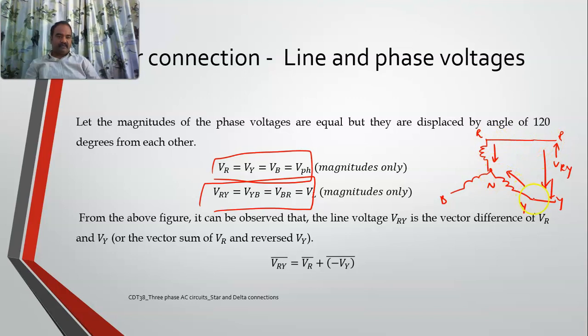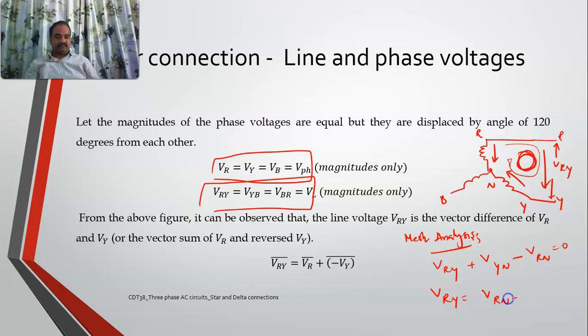If you take this loop and apply mesh analysis, the sum of all the voltages is equal to 0. If I start from the top left, it is VRY plus VYN minus VRN equal to 0. So this is my equation. Do remember these are all vectors.